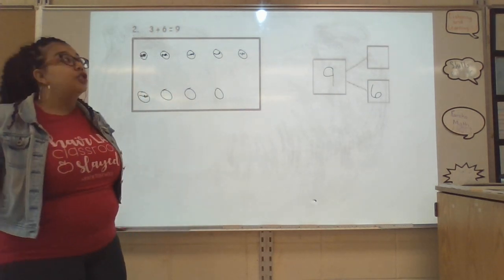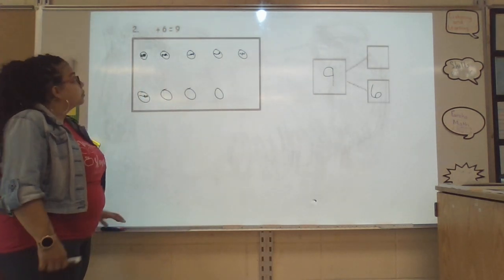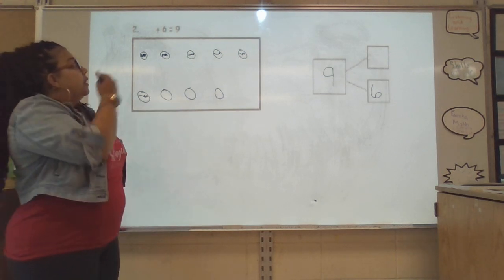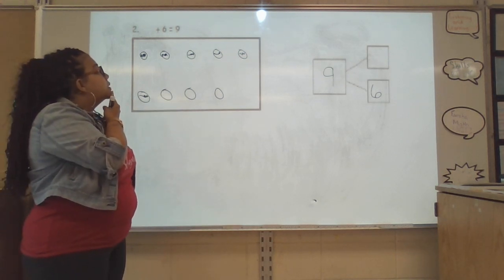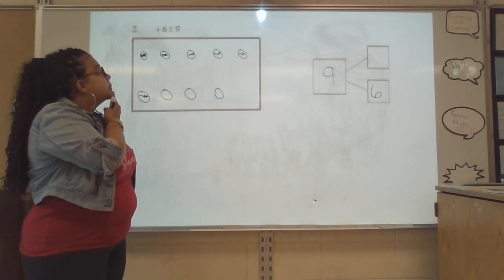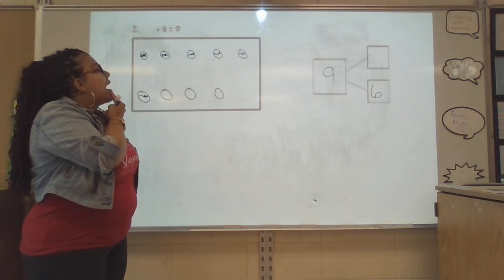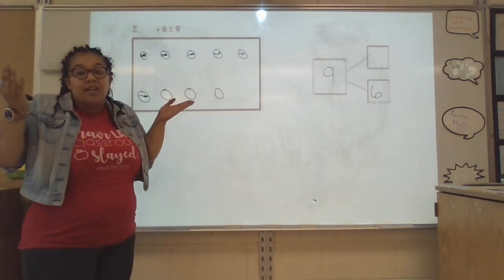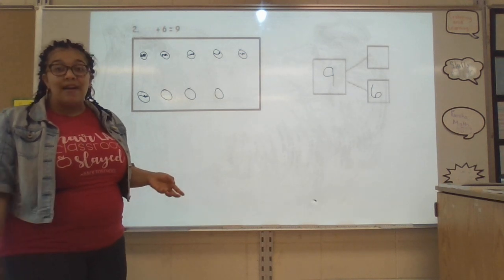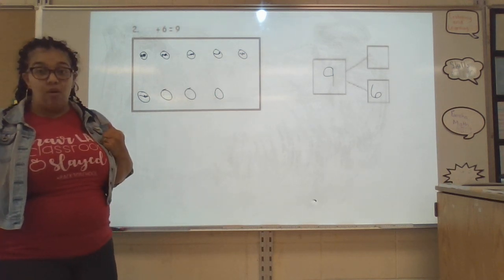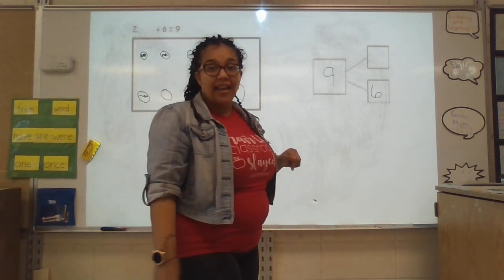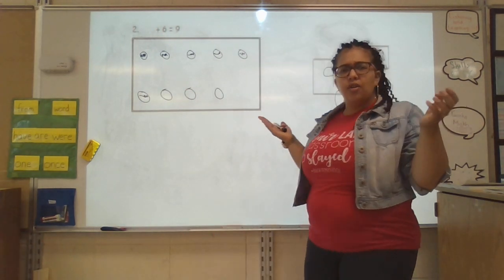So let's think of a story that goes with this. I already had some stickers in my book when my friend gave me 6 more. Now I have 9. How many stickers did I start with?